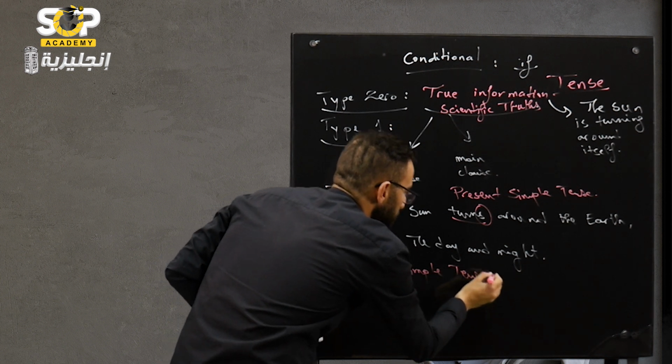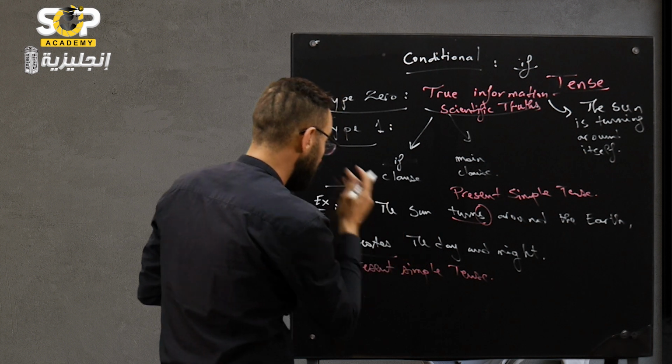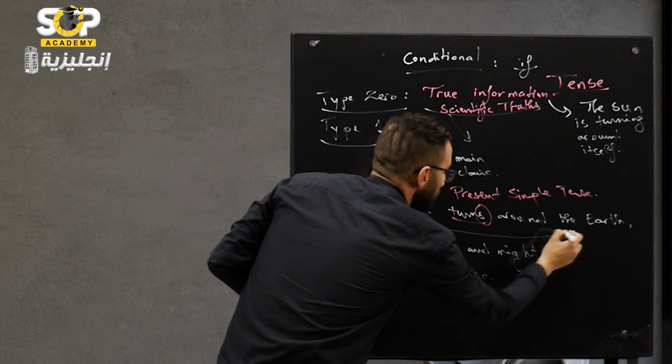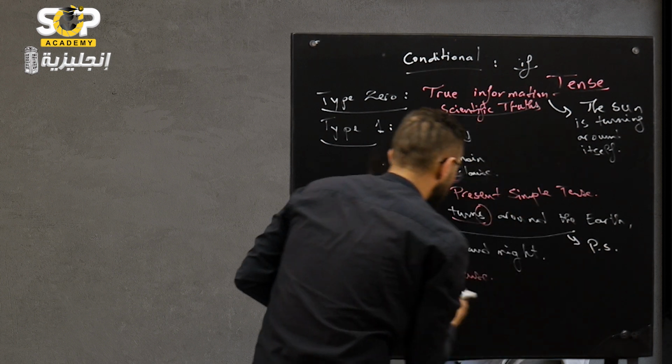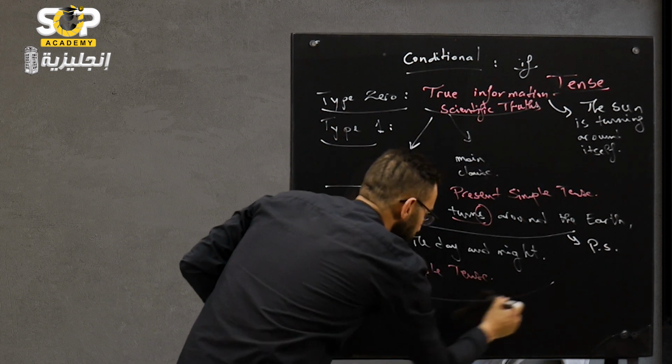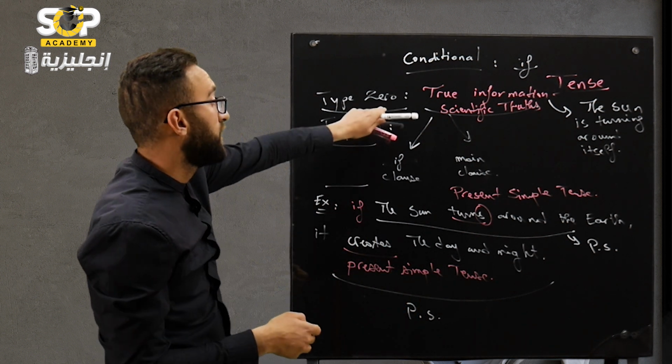What we can notice from the example is that the if clause is conjugated in the present simple tense, and also the main clause is conjugated in the present simple tense. That's type 0.